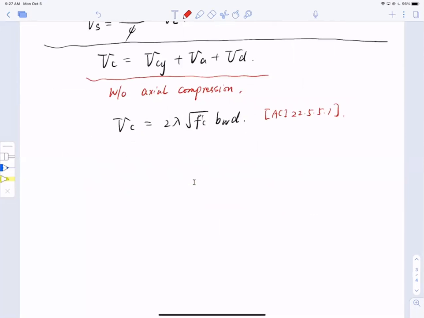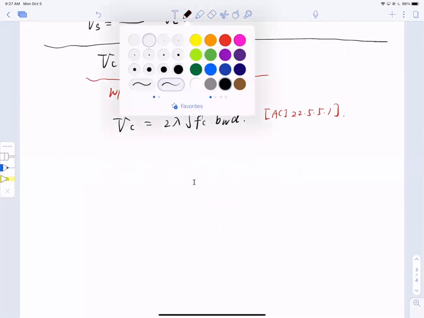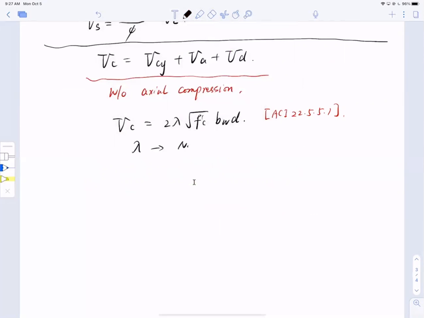Let me explain a little bit. What does each parameter mean? Lambda here is the normal weight or lightweight factor. Lambda equals 1 if it's normal weight, and 0.75 if it's lightweight. For now we can always use 1.